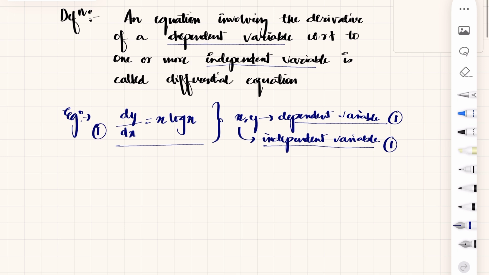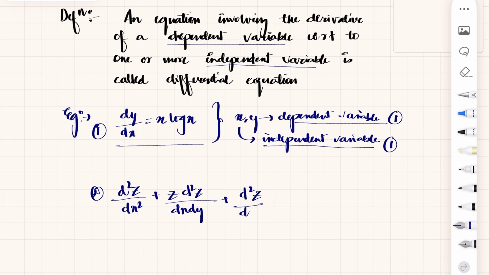I'll give one more example. This is the example: the second-order partial derivative of z with respect to x and y, plus the second derivative of z, equals 0. How many variables are there? We see x, y, and z.